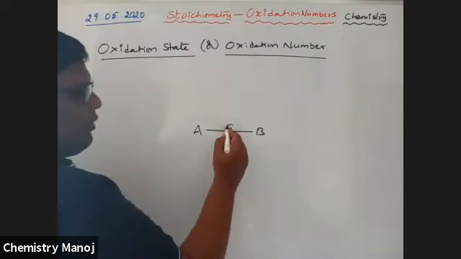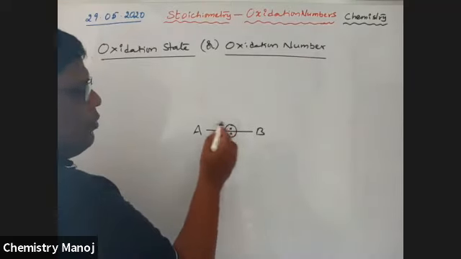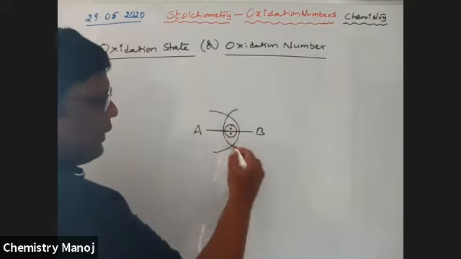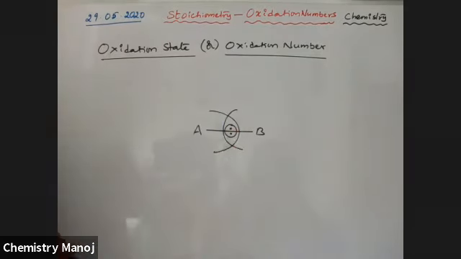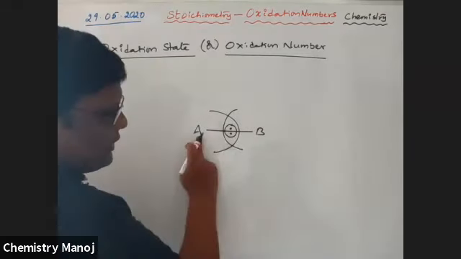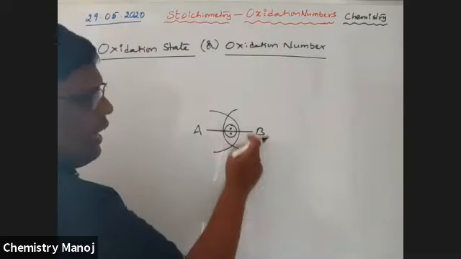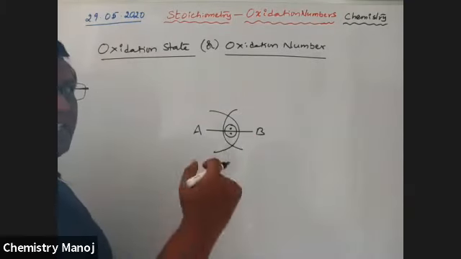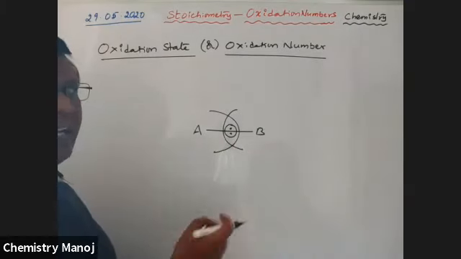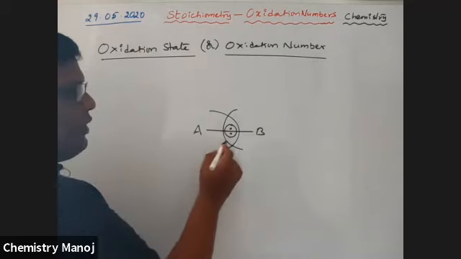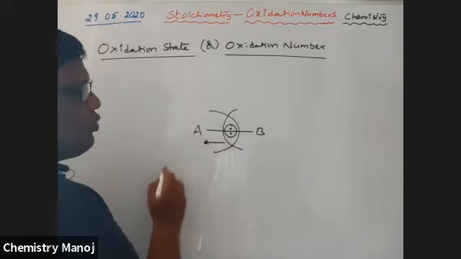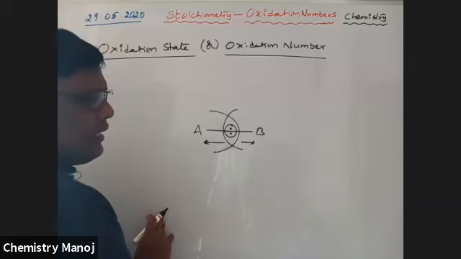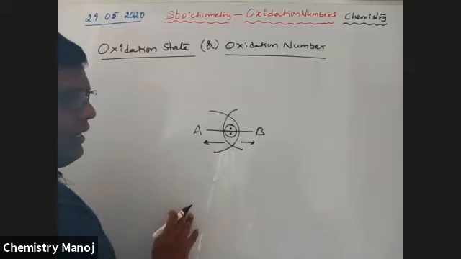This bond pair is attracted by both A and B, but unequally, because these two are different elements with unequal attractive forces. One is strongly attracted and one is weakly attracted, each attracting the bond pair towards itself.